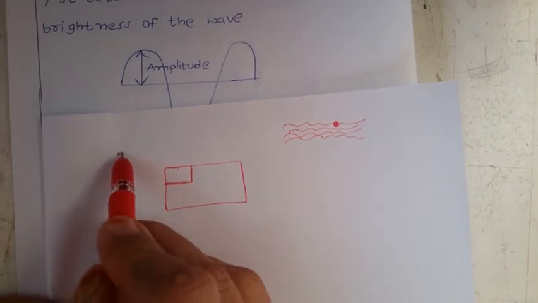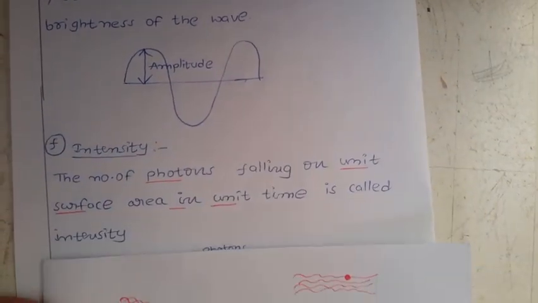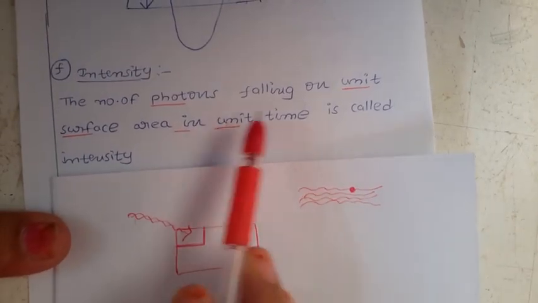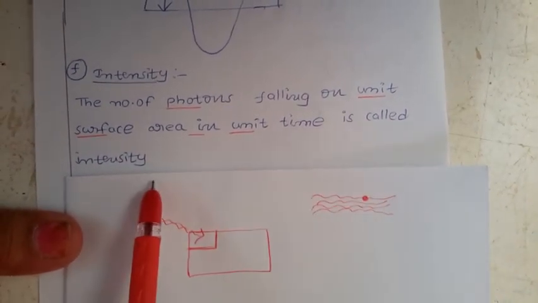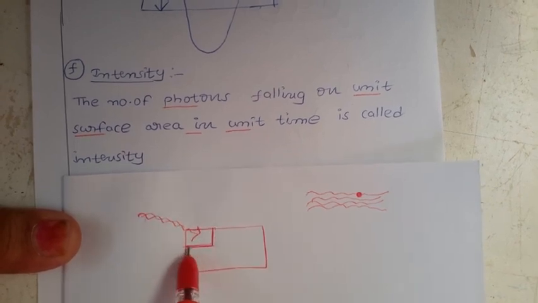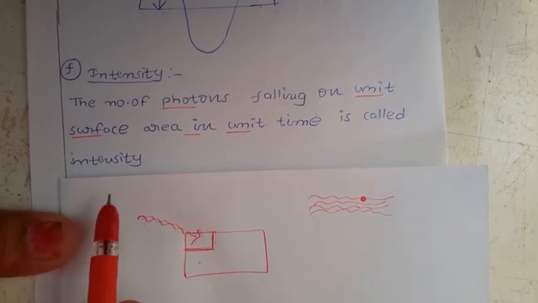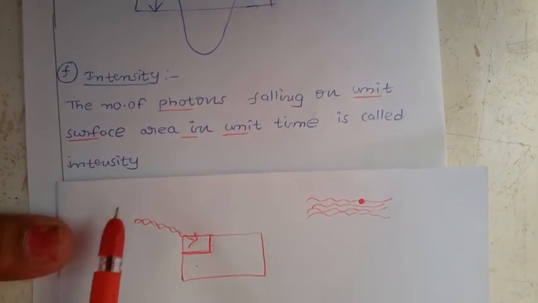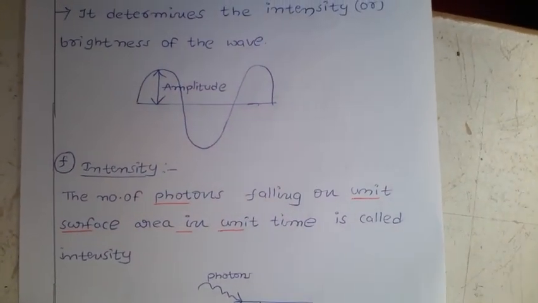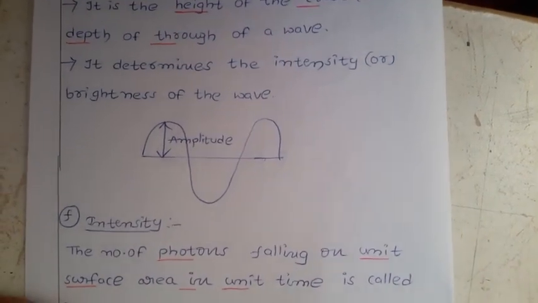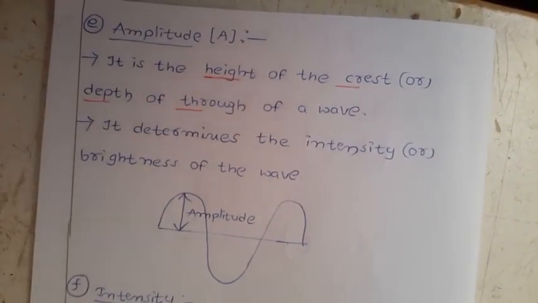In per unit time, some photons fall on it. So the number of photons falling on unit surface area in unit time is called intensity. This term we will come across frequently in the photoelectric effect, where we will discuss it again later. These are the various units of electromagnetic radiations. Now let us discuss numerical problems on electromagnetic radiations.